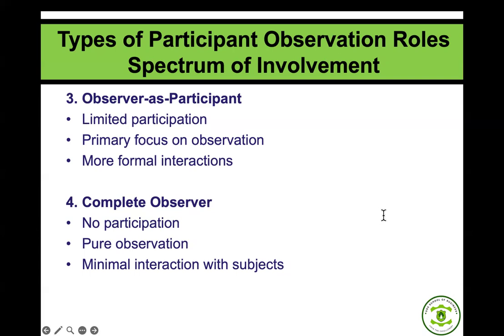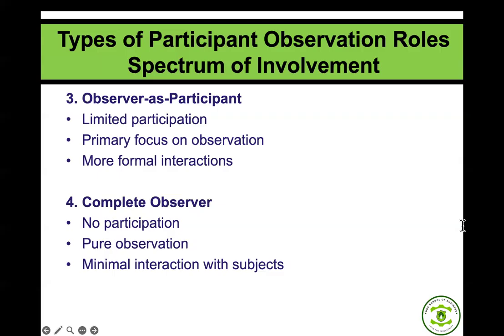This approach works well for studying public spaces or situations where interaction would disrupt natural behavior. So in instances where researchers act as complete observers, they don't disclose and they just stay as strangers, because the moment they disclose who they are and why they are there, it will disrupt the way people tend to behave.